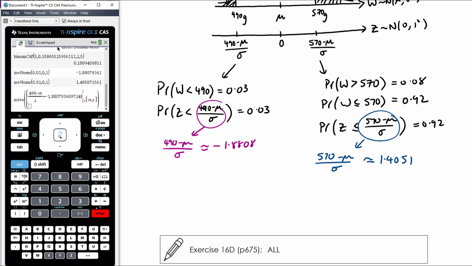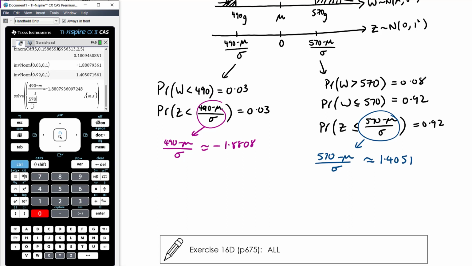And then my other equation, 570 minus the mean divided by the standard deviation, is equal to this value up here. Now remember, we have that pasting issue, so you can't just hit enter, it'll go into that first line of the simultaneous equations. So control C to copy it, and then control V to paste it down here.